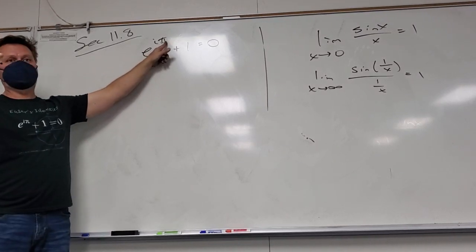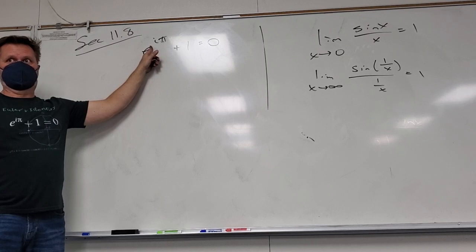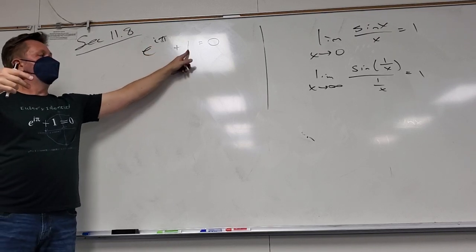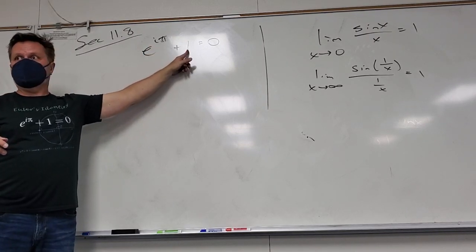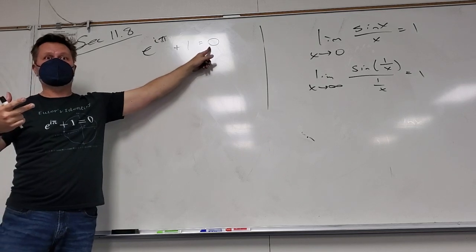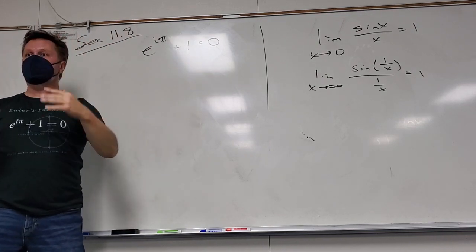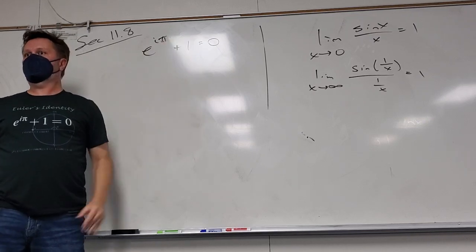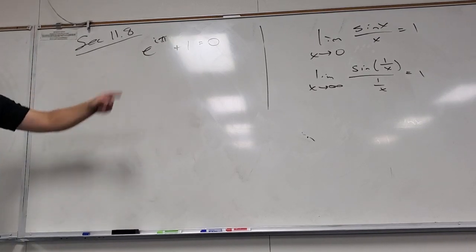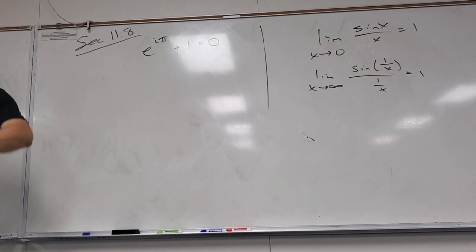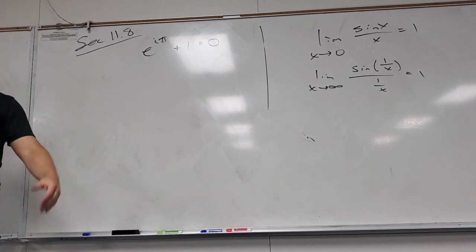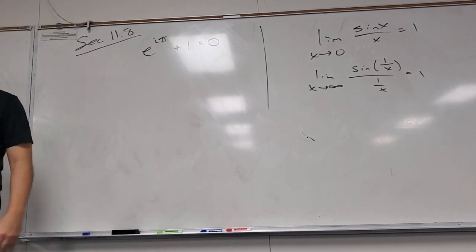Pi, isn't that a special number? i, isn't that a special number? 1 is the multiplicative identity. 0 is the additive identity, right? There are 5 fundamental numbers involved in this silly equation. And then the equation itself, some of you are wondering how does that work? What is e to the i? What are you talking about?